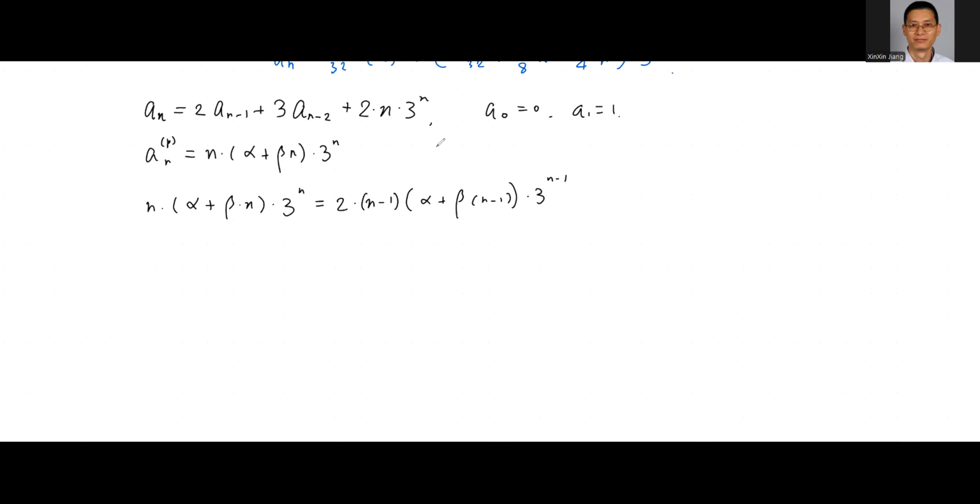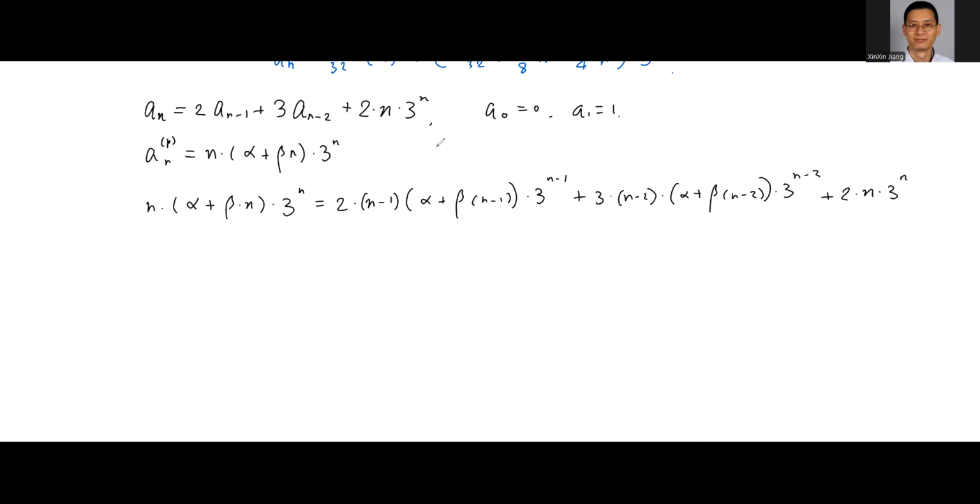And then I have 3 times a sub n minus 2. So you have (alpha plus beta times (n minus 2)), then 3 to the n minus 2, plus 2 times n times 3 to the n.